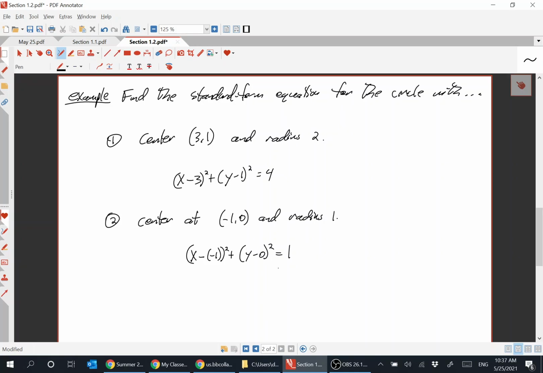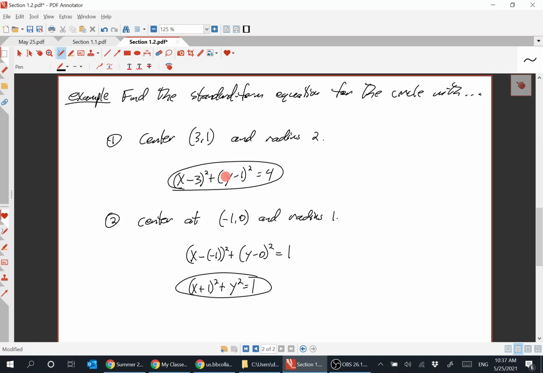You don't want to leave it like this, so instead we rewrite it more cleanly. All right, so that's the standard form equation for the circle whose center is at (-1, 0) and radius 1. Right? So you can read off the h, k.